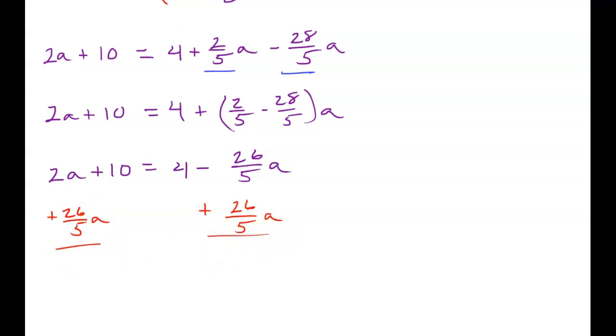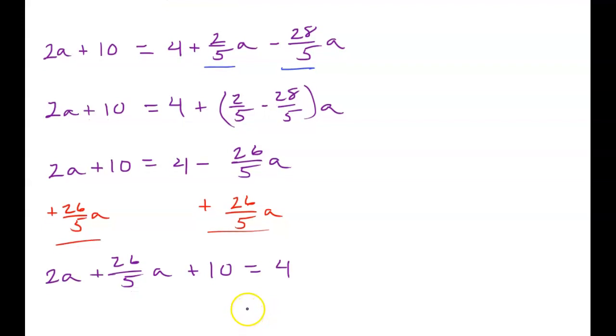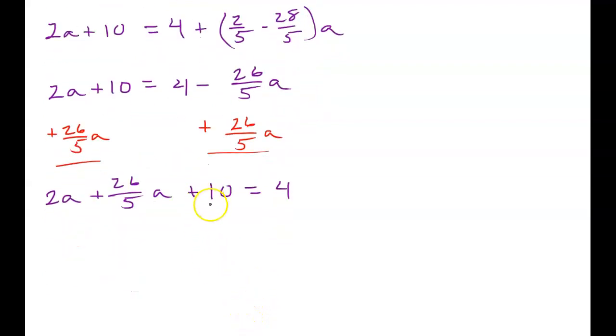That gives me 2a plus 26/5 a plus 10 equals 4. Now I'll subtract 10 from both sides, and then clean up the fractions on the other side.